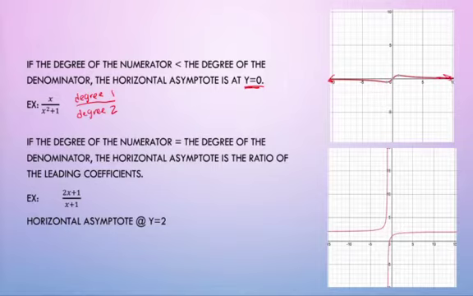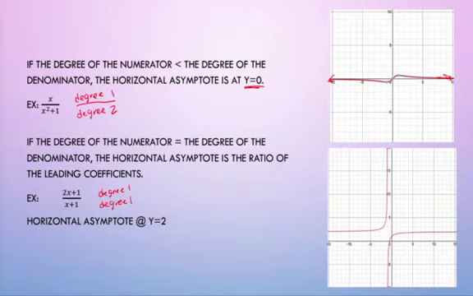Last one is the tricky one. If the degree of the numerator equals the degree of the denominator, the horizontal asymptote is the ratio of the leading coefficients. So this has a degree of 1, and this has a degree of 1.